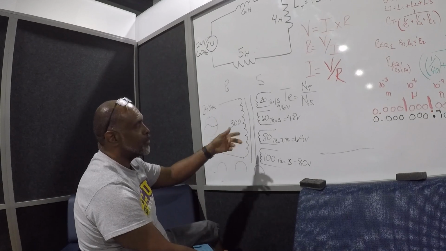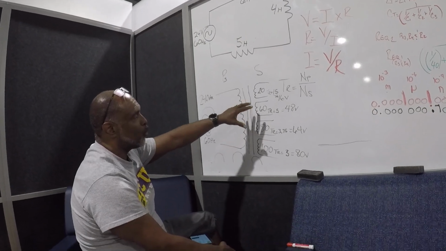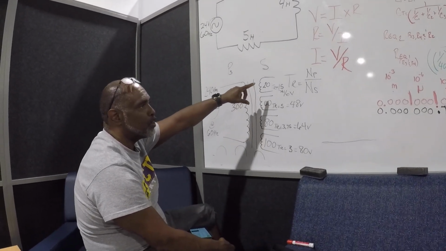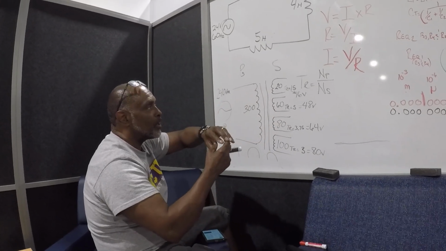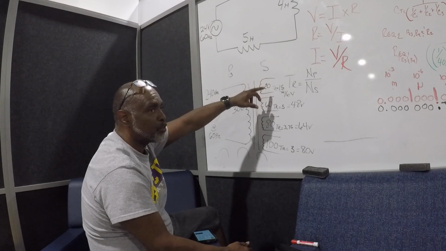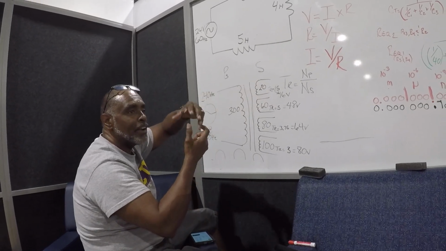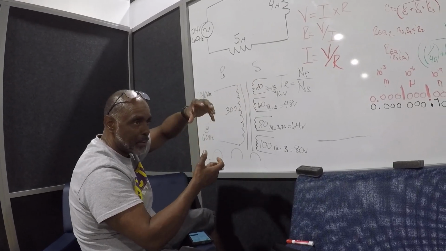So the difference with the coils: when electricity moves through a coil, it creates a counter electromagnetic field.